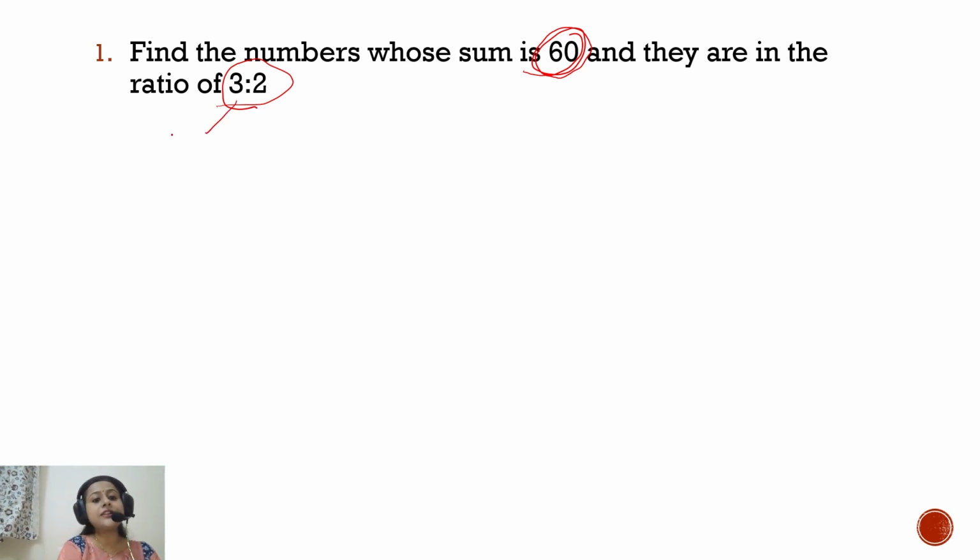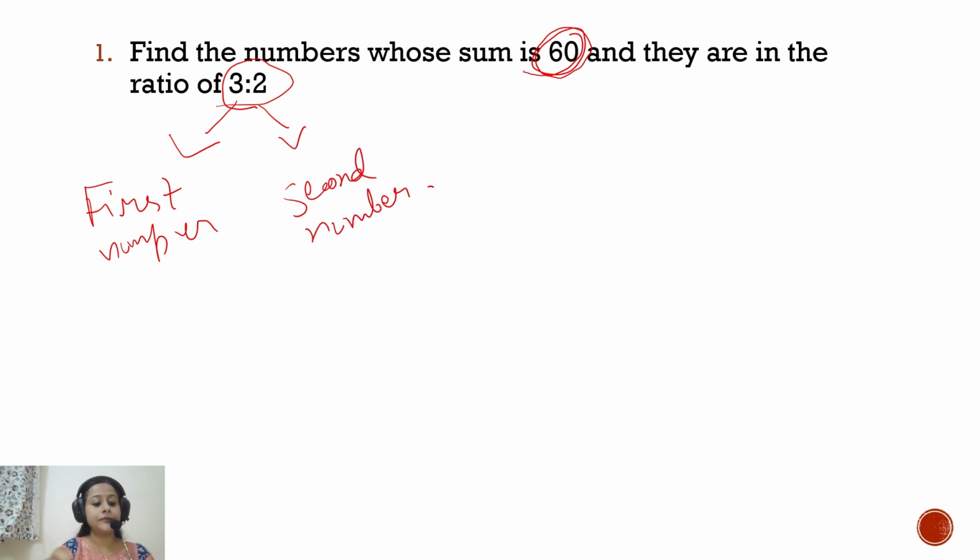This 3 corresponds to the first number and this 2 corresponds to the second number, and this is the ratio of the two numbers. The sum of the two numbers in absolute terms is 60.